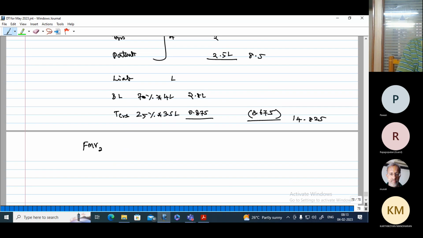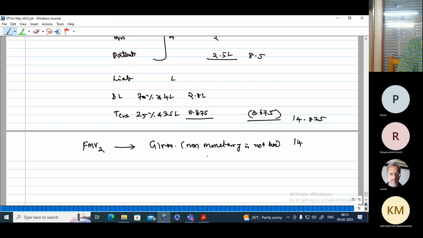Fair market value number 2. This is given in the problem. Non-monetary consideration you do not have. Given non-monetary is not there.